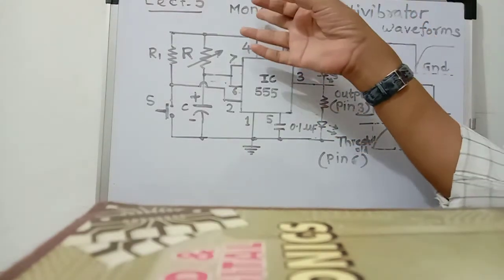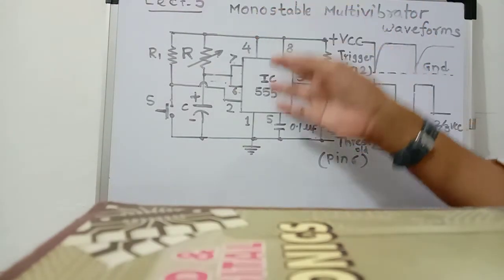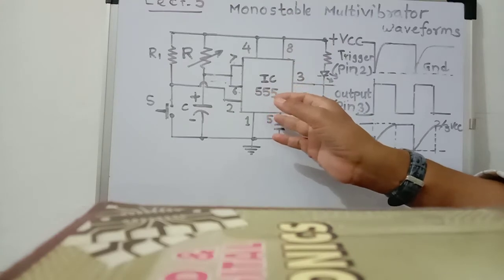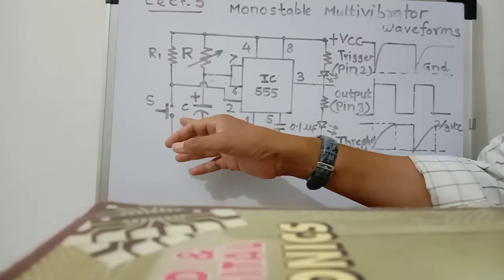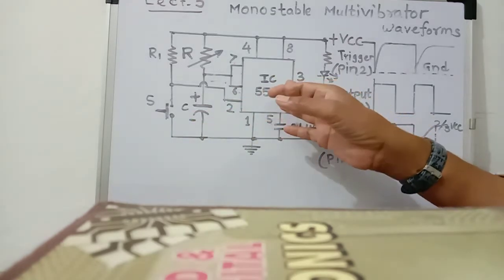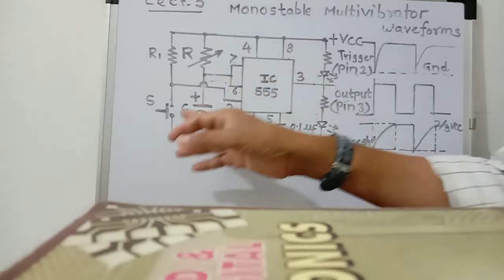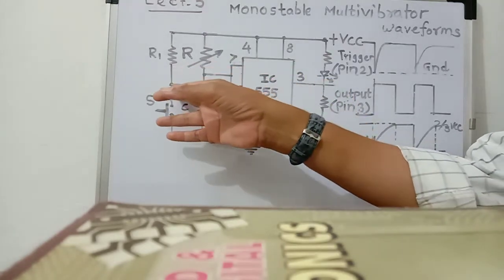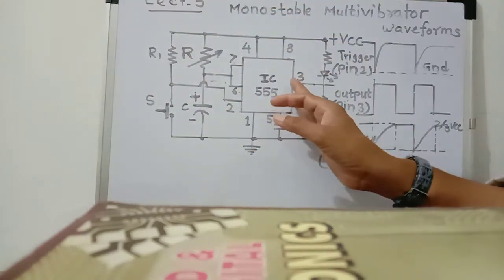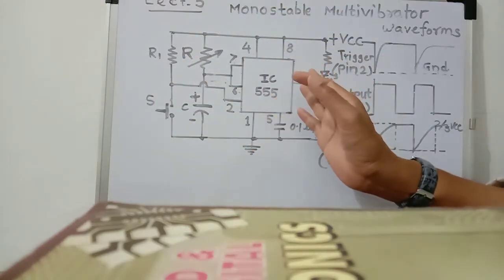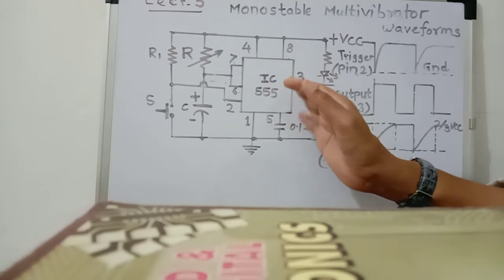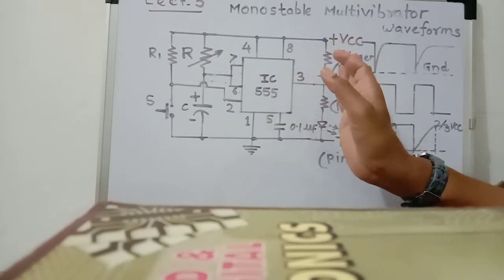Monostable means, mono means one. This circuit has one stable state, that is the low state. So whenever we are not applying trigger input, the output remains in the stable state, that is the low state. But when a trigger pulse is applied, this state changes to the unstable state, that is from low state to high state.